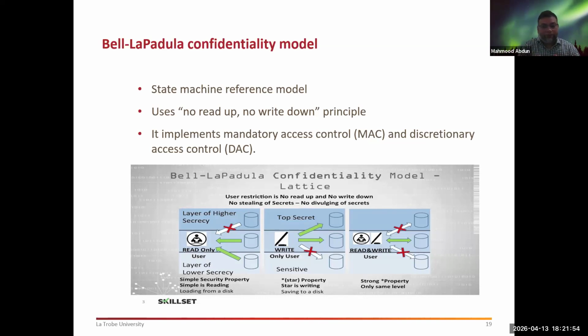But on top of that, there is a stronger property that you will only be able to write at your level and at the higher levels, but you cannot write to a lower level. This might be counterintuitive to many of you. If you're classified, how can you write to a secret or top secret level? Why does it allow you to write to a higher level?